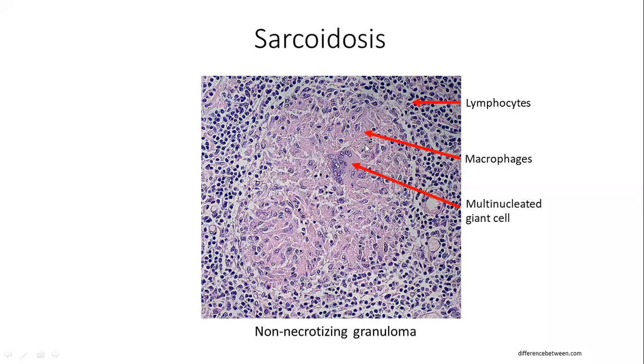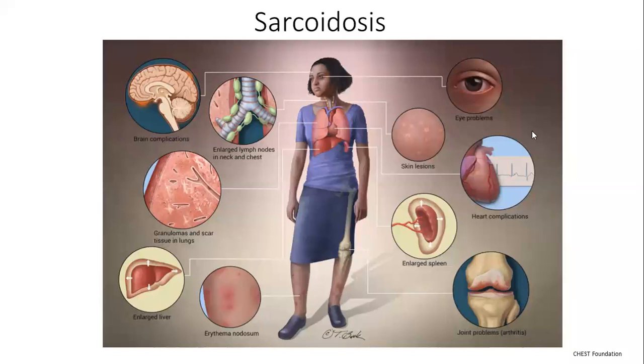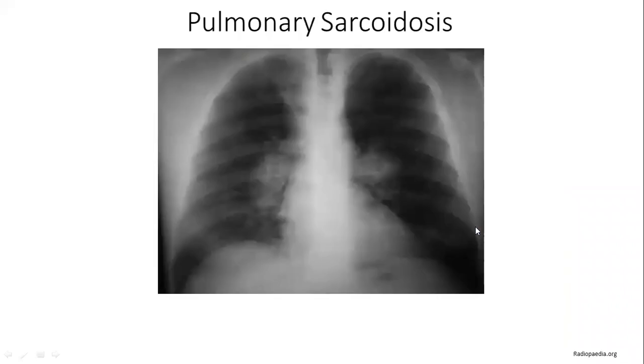So sarcoidosis can be pulmonary, it can be extrapulmonary, often it's both. So it can affect all these different organs. You can get neurosarcoid, lymph nodes enlarged, spleen, liver, rashes, eyes, skin, heart, joints. So it can really affect a lot of the body. Pulmonary sarcoid can show up in two different ways. Here we have hilar adenopathy.